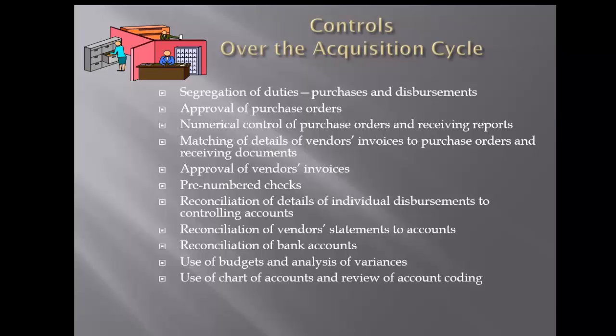They're matching the invoice coming from the vendor to the items that were received, based upon the receiving report, and what was ordered and the pricing established in the purchase order. So we have these three items: purchasing, receiving, and invoice. And if they match, then the accounts payable department will approve for payment.